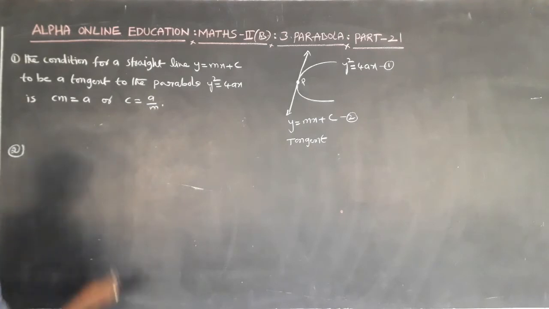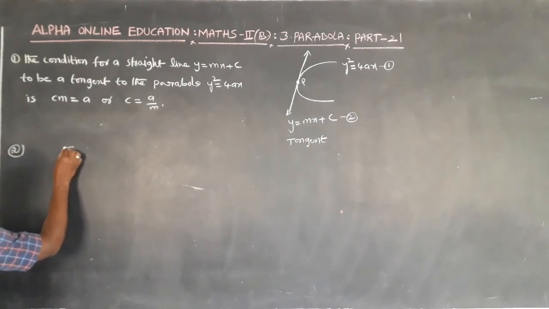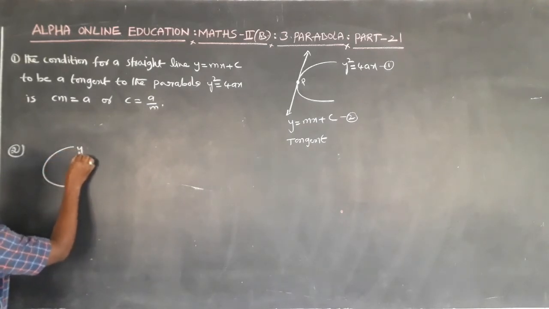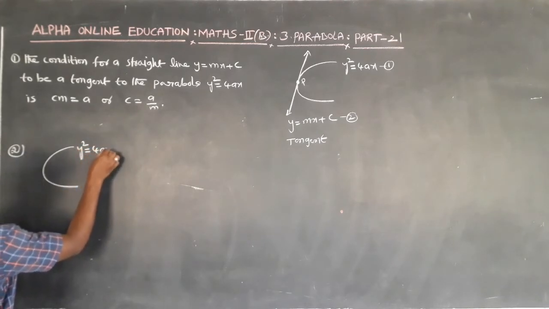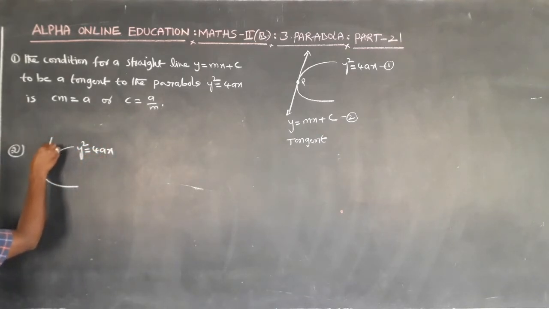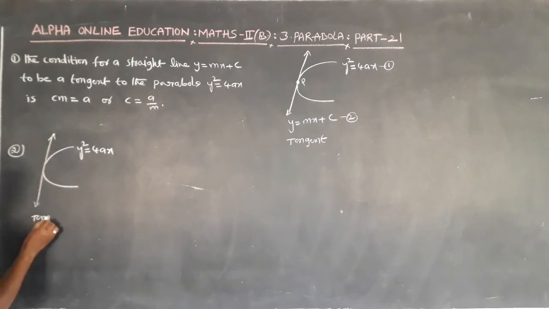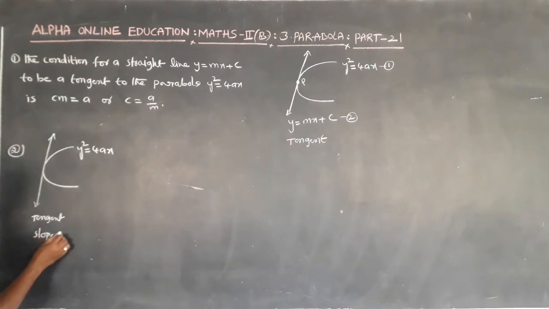Next one is, this is the equation of the parabola y² = 4ax, and this is the equation of the tangent. The slope of the tangent is m.